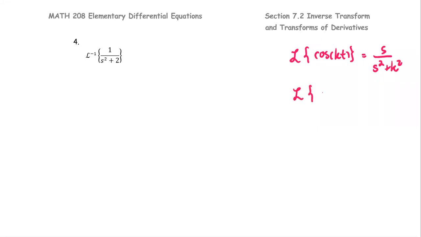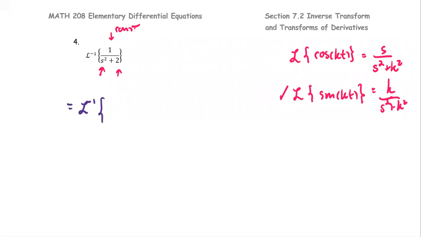The Laplace of the sine of kt is k over s squared plus k squared. s is the variable, k is the constant. For our case, we have the pattern of s squared plus the number, and the numerator is the constant. So we're going to work on adjusting the form to fit with the way that we can apply the Laplace of the sine of kt.